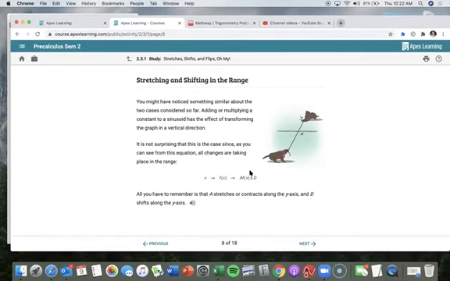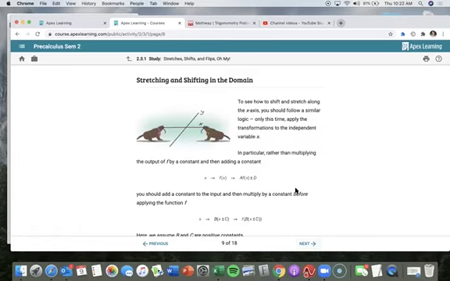When I'm directly impacting the output value, I'm talking about my y-axis. But now we're going to look at something that might be a little bit different. It's going to be similar, maybe a little different.